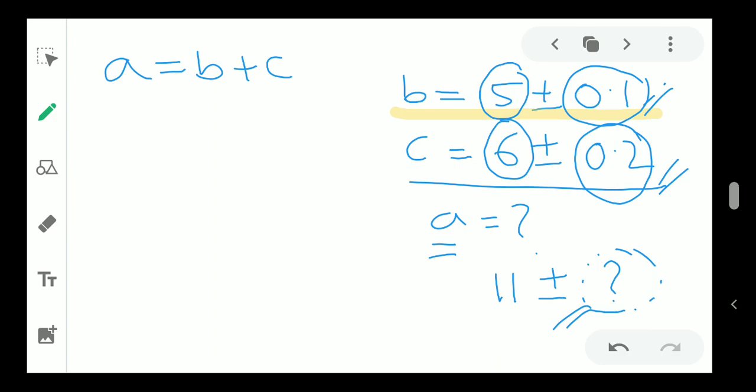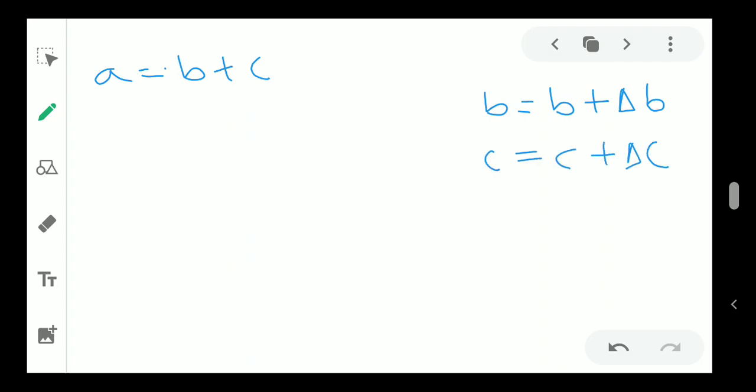Before we go into this, let us do some general calculation. I have the same thing, but this time I'm doing it generally. My B is B plus delta B, this is my observation, and my C is C plus delta C. So my total A will obviously be A plus delta A.